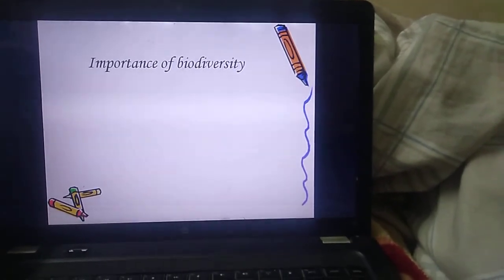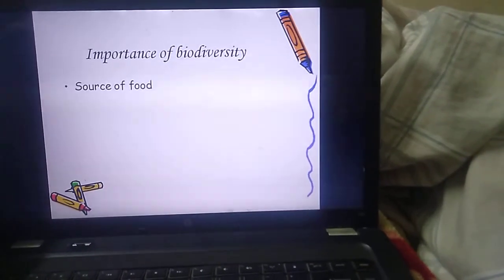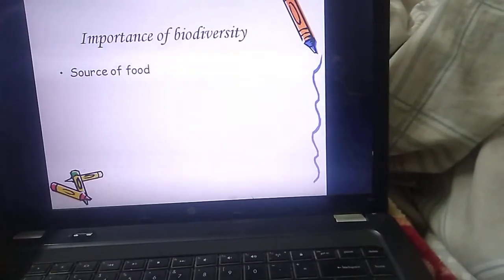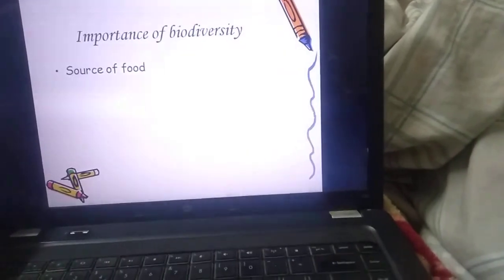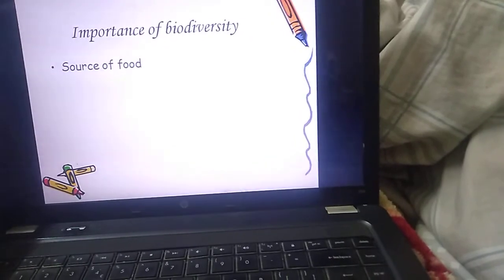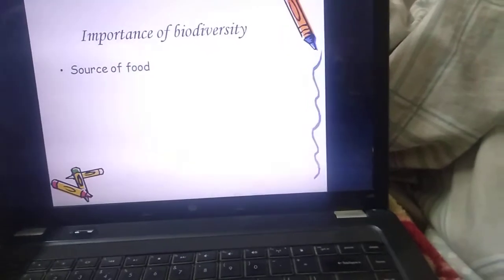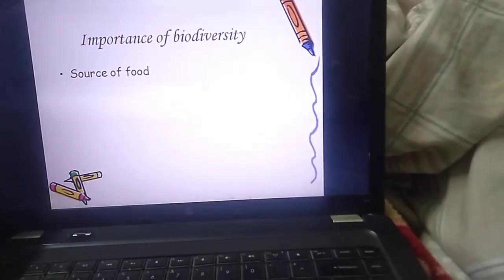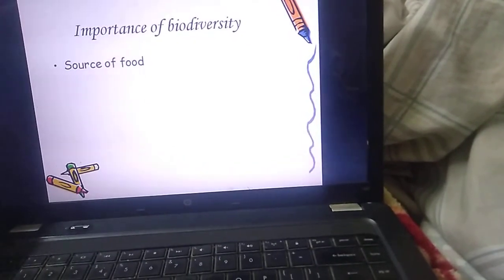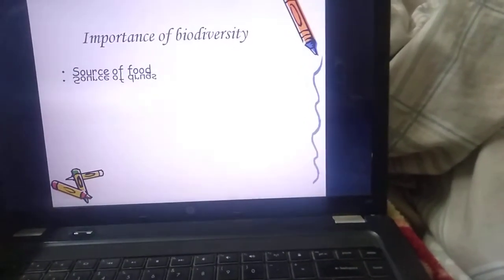Now comes importance of biodiversity. The first point is source of food. Biodiversity provides food for humans. For example, from plants we get vegetables, fruits and pulses etc. And from animals we take meat, milk, egg, butter etc. Source of drugs.